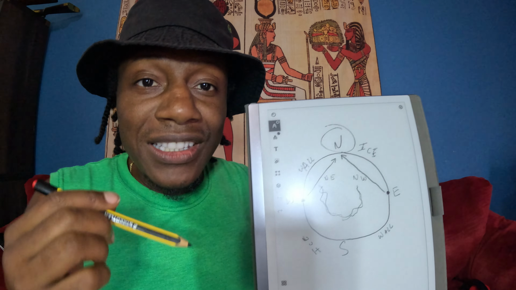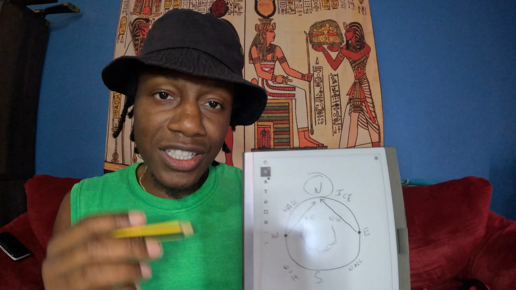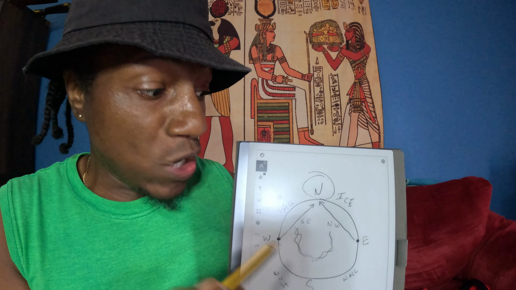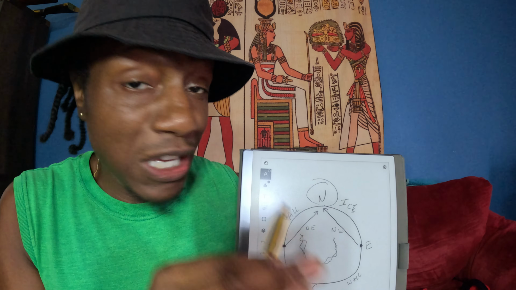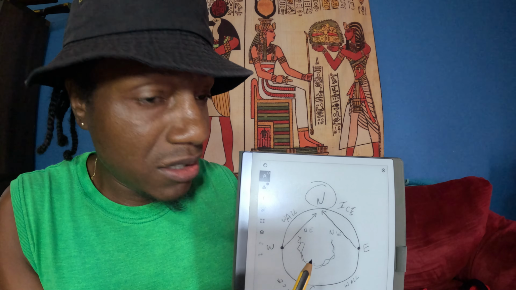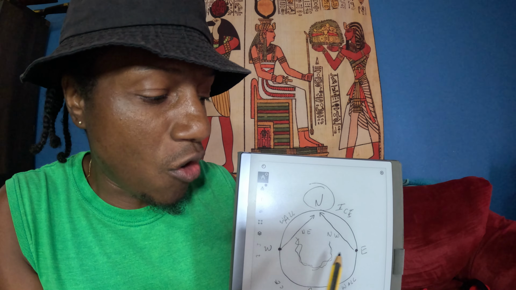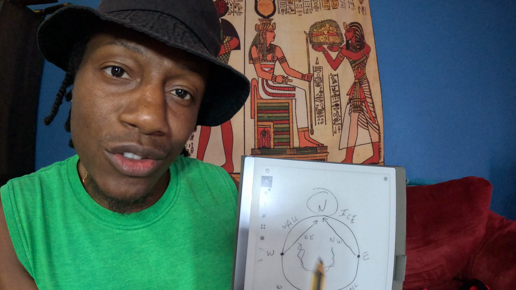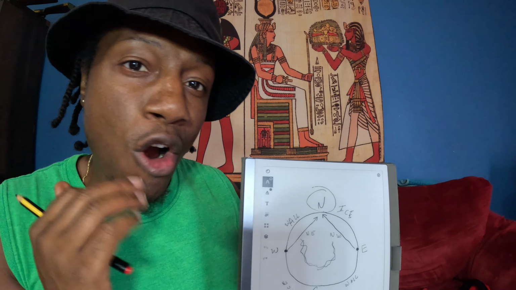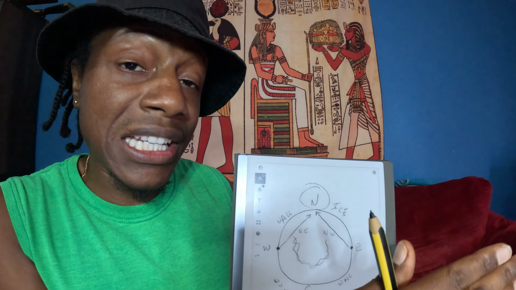So the experiment is this. The experiment is, we need to get the millionaires, or the people with the money, to choose a side, east or west. It really doesn't matter on the globe where you go. It's just get to the equator and walk directly north, and you will hit the North Pole.